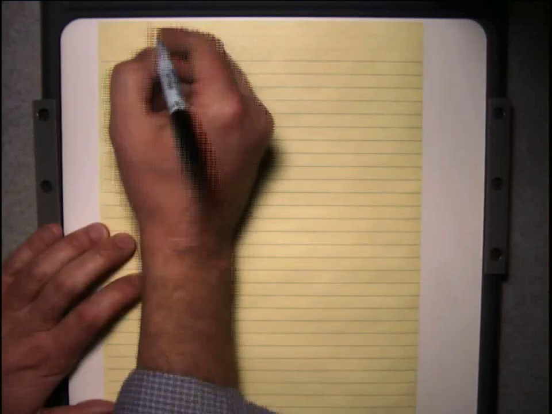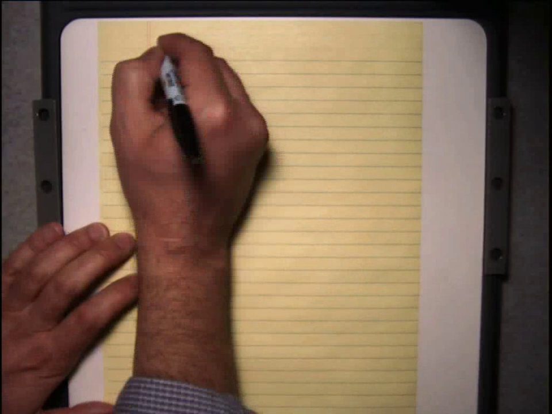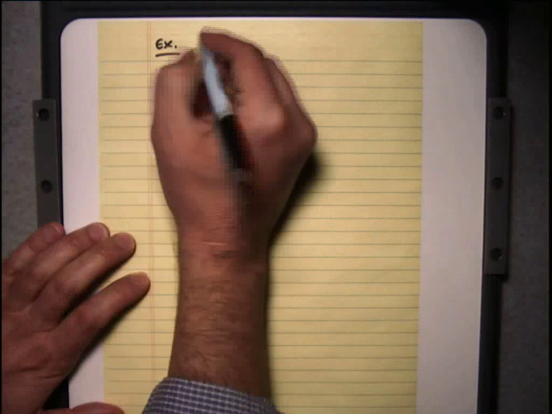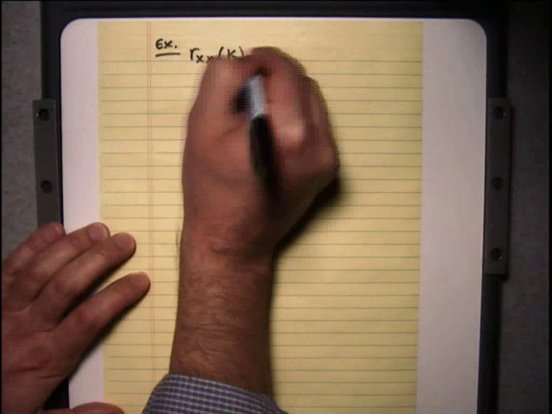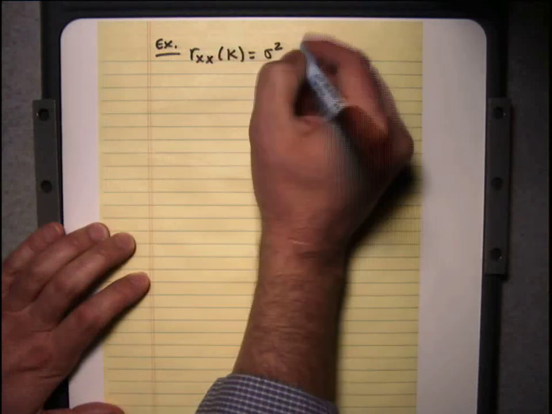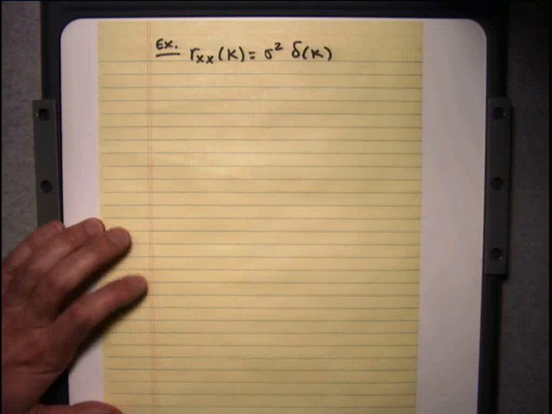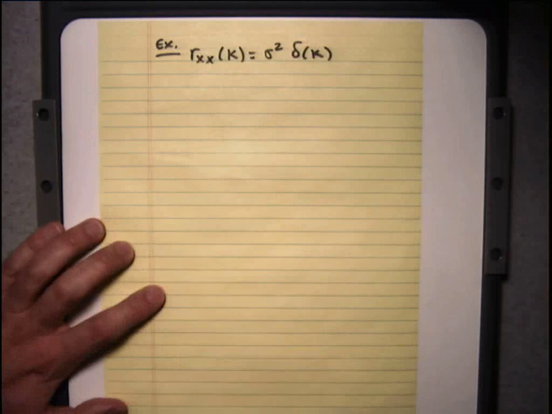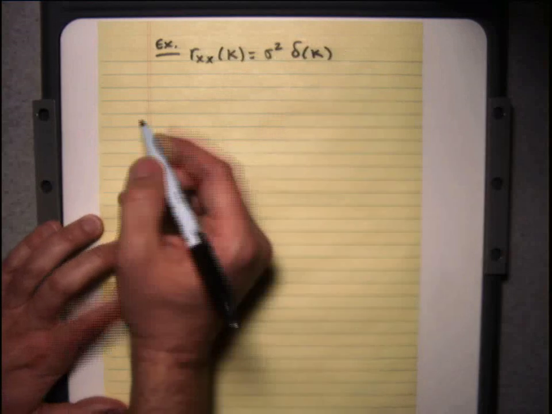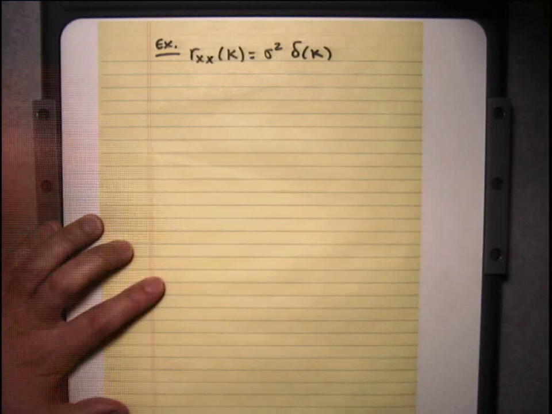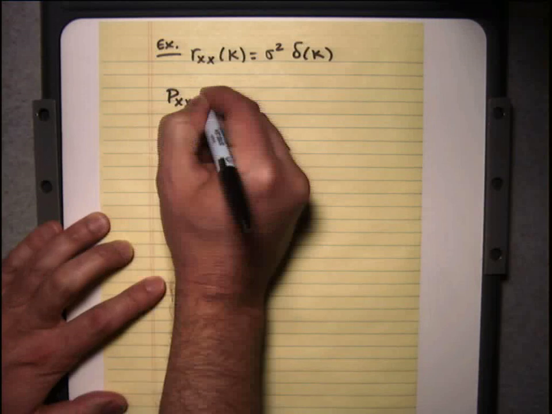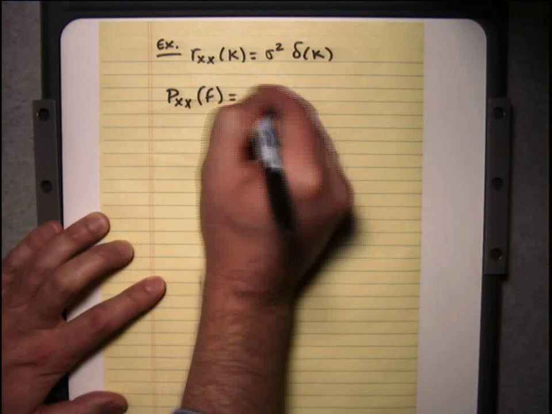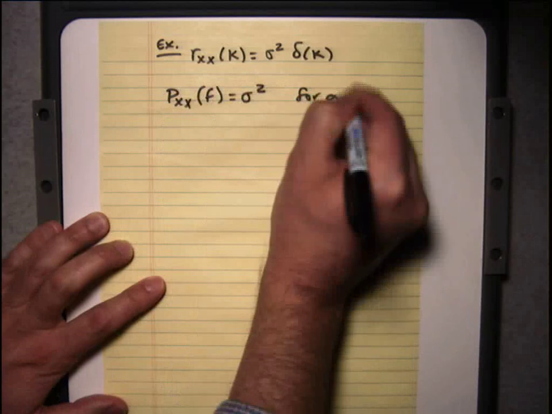So let's take a look at one of these. For instance, let's take the example that we just had before. Let's say Rxx of k is sigma squared times the delta function that we just wrote down before. Right here I write sigma squared; before I wrote q. If you plug this into the expression, what you get is that the power spectrum is sigma squared for all f.